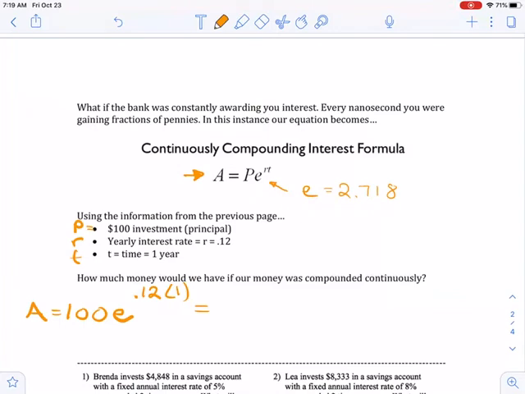So if I was always receiving this interest over and over again, and this ends up being the maximum that I could ever get at this 12% interest rate, I end up with $112.75. So I can't compound any more often than that.